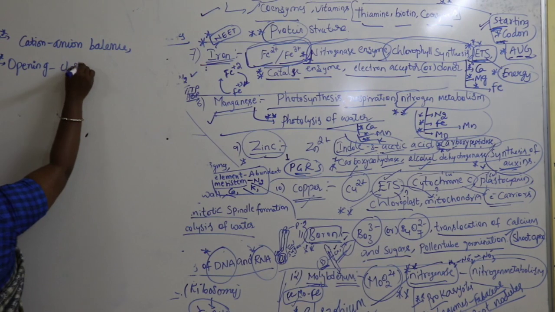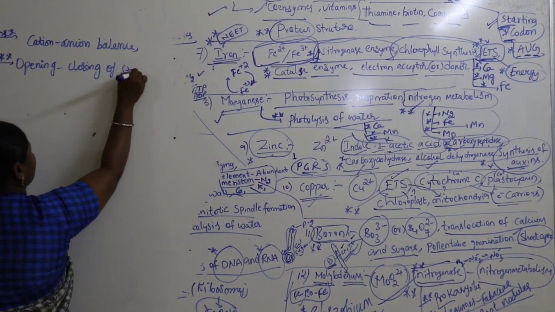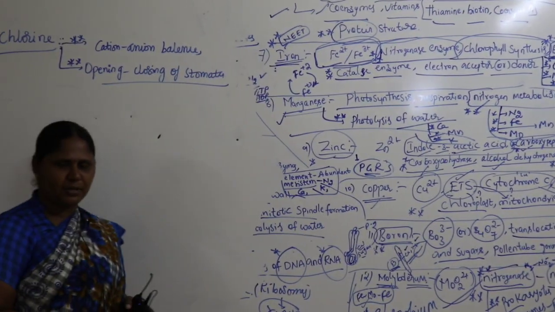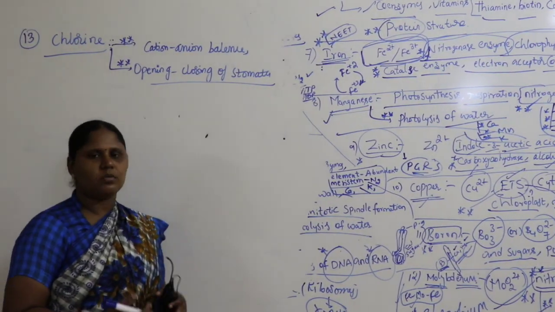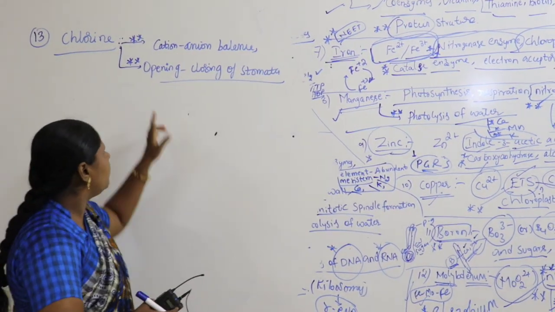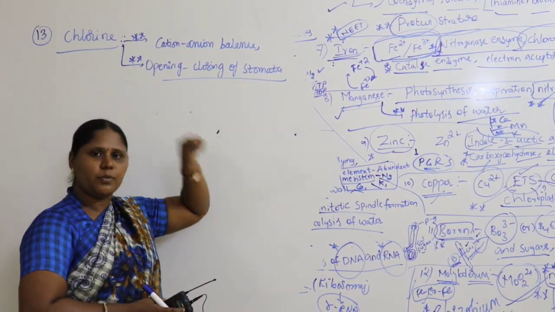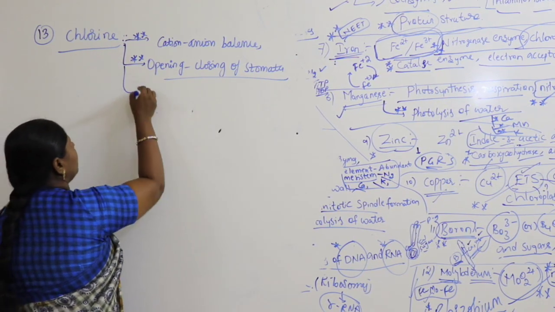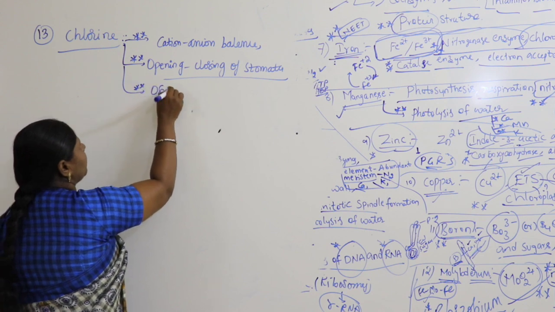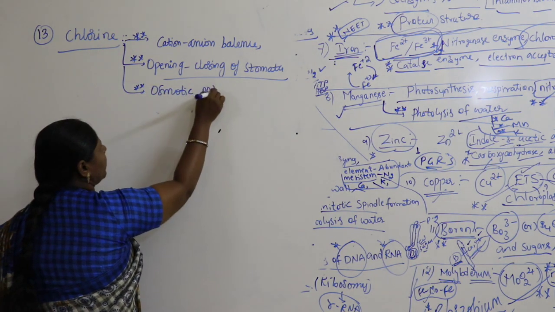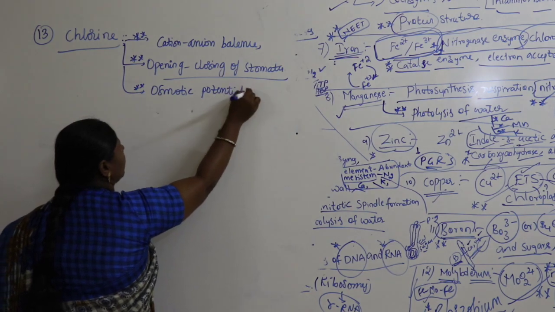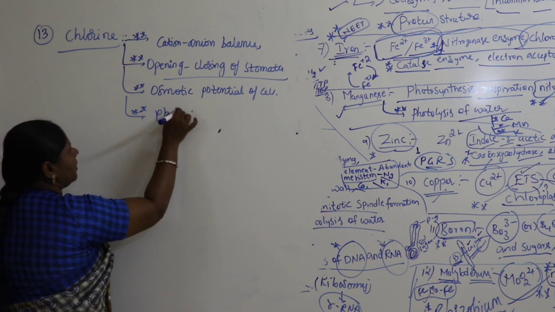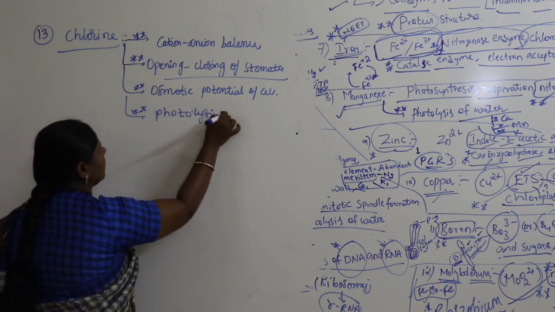You know it very well, stomata have to open for transpiration and close to stop transpiration. So the opening and closing of stomata, along with potassium, is also highly regulated by chlorine. Not only that, it also plays a role in the osmotic potential of the cell, exactly like potassium, and an important role in photolysis of water.